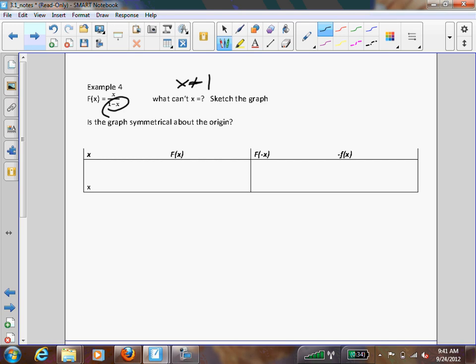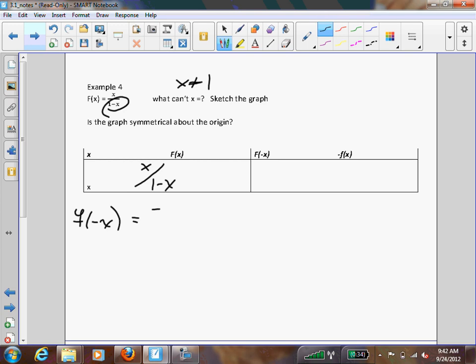So we're just going to do it with x. We're not going to do it with values. Okay? We're going to say that f of x is x over 1 minus x. It's just the function that I gave you, right? Now, f of negative x, I'm going to do that down here because I'm going to run out of room. Well, wherever there is an x, we plug in what? Negative x.